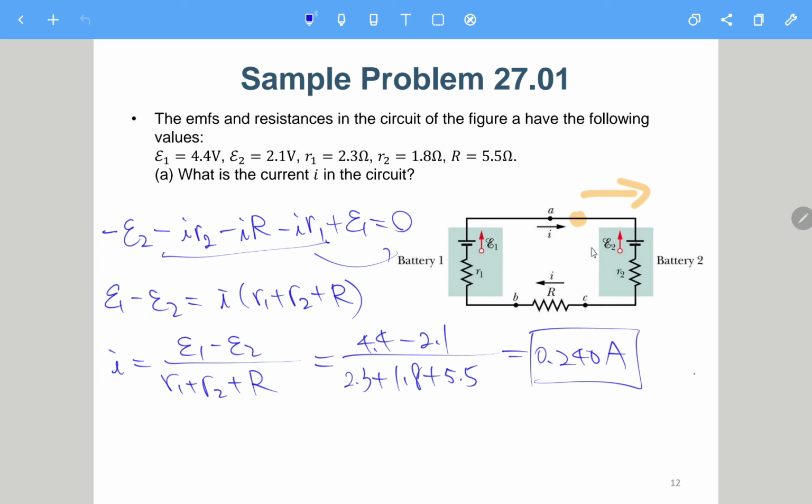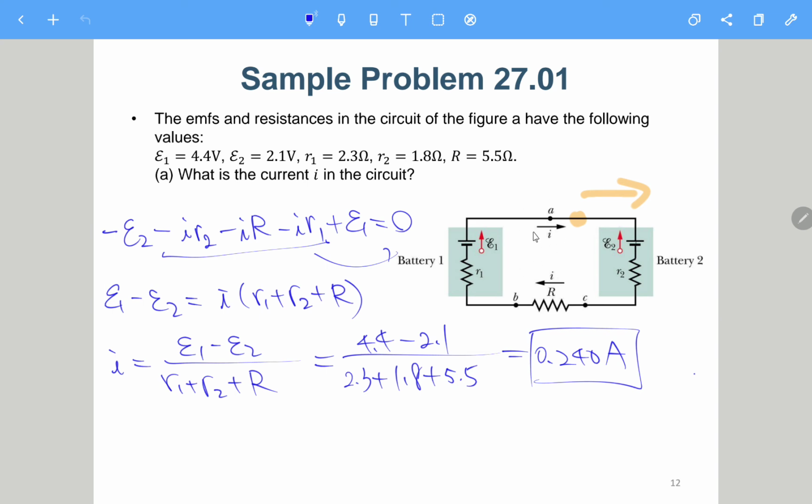Okay, so maybe I can just mention it a bit. Here it already tells you that I should be clockwise, but originally if it doesn't tell you, you don't necessarily know the direction of the current, but you can just assume the current to be in either direction. Just say to the right side, and then you do all the calculation, assuming that I is going from left to right or going clockwise.